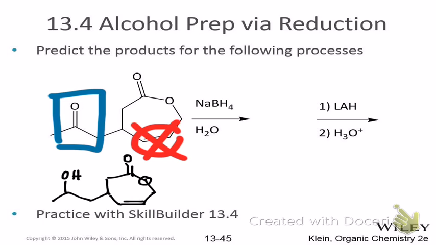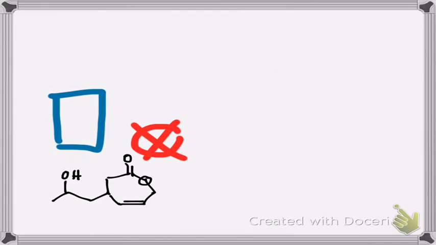You said that the sodium borohydride hydride is more attracted to the polar side. So this one's polar, right? And this one's polar. But it turns out that because the oxygen can donate electrons to this carbon here, it's not polar enough for the sodium borohydride to react with it.